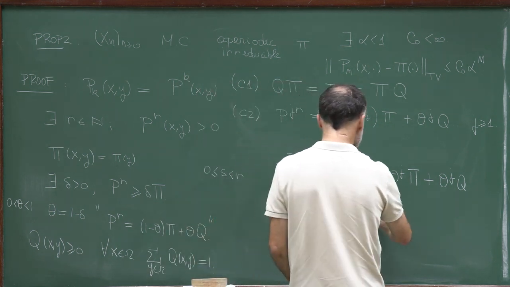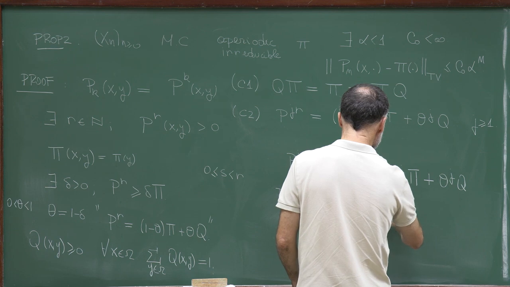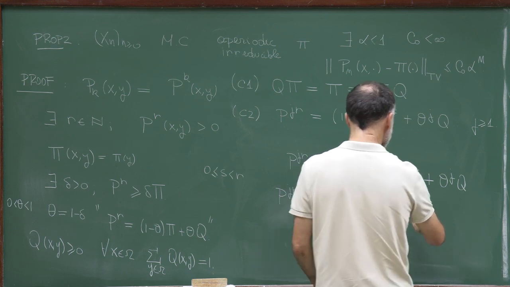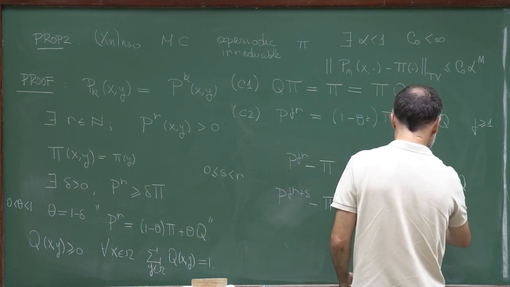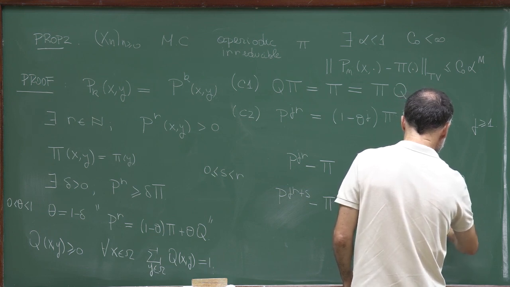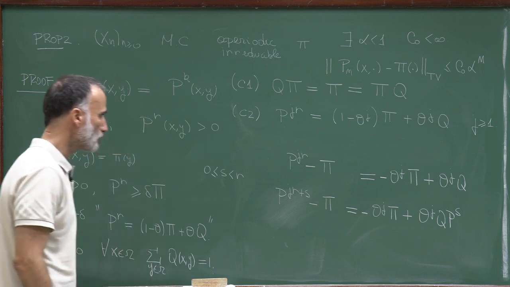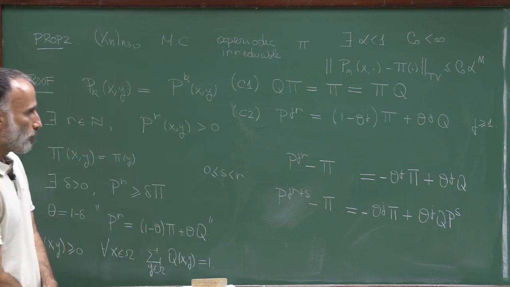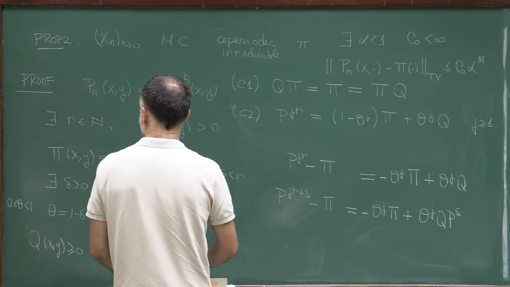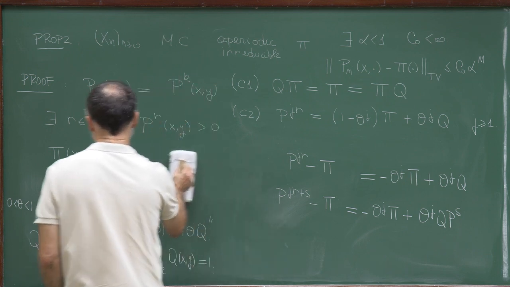So this is equal to minus theta^j pi plus theta^j q P^s. Fine.